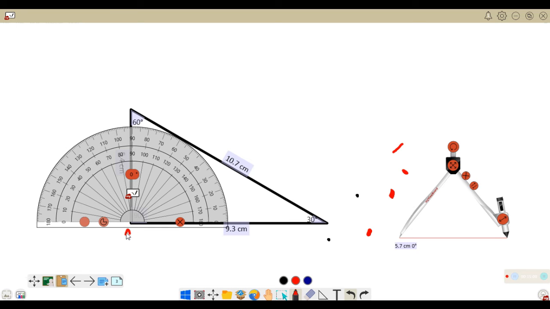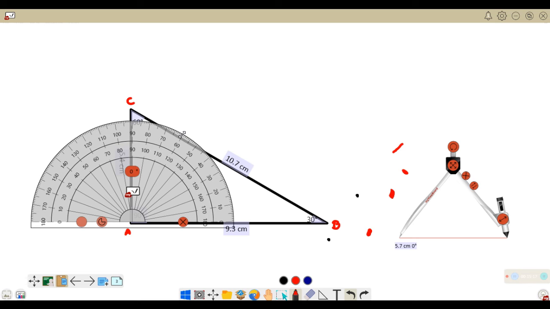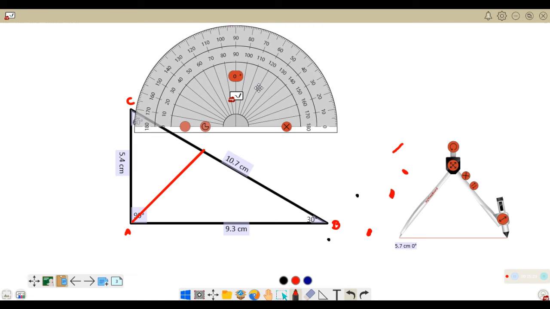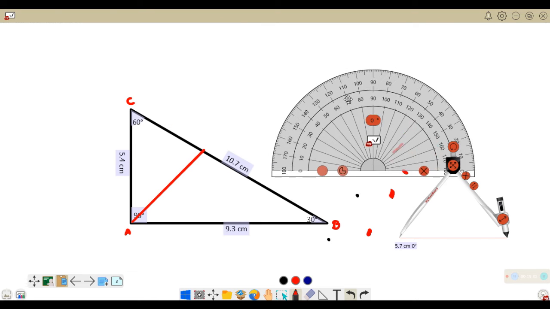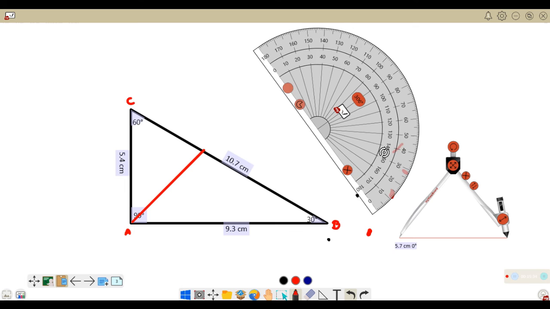Let's name the vertices A, B, C. From point A to this one, 45. So, we draw. There, this is the bisector of angle A. We divided the 90 degrees. Now, let's go to angle B. It is only 30 degrees.